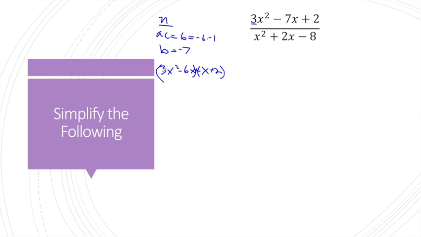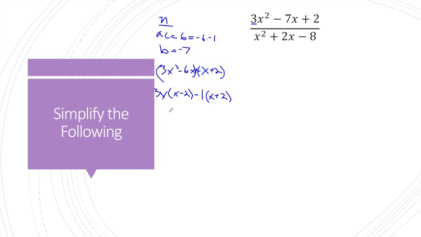So what is the greatest common factor of 3x squared and negative 6x? That's going to be a 3x times x minus 2. Then I have a negative x plus 2. What's the greatest common factor there? Well, it's going to be 1, but I've got a leading negative. Do I like leading negatives? No. So we're going to write that as negative. We're going to pull out a factor of negative 1.